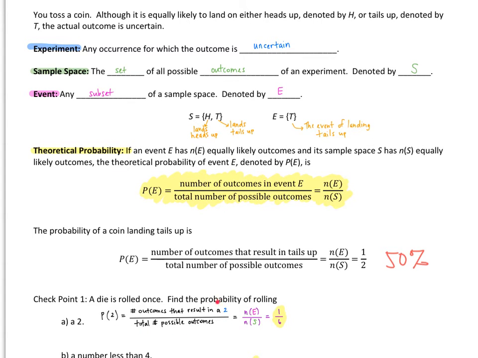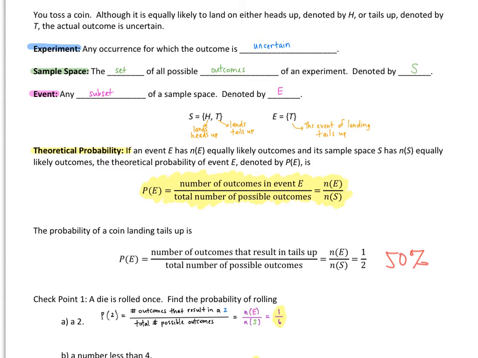How many times could we roll a 2 on a die? Only once. How many possible outcomes do we have? There are 6 sides to a die, so we have 6 total outcomes. So we have 1 over 6. If we could simplify that any further, we would.